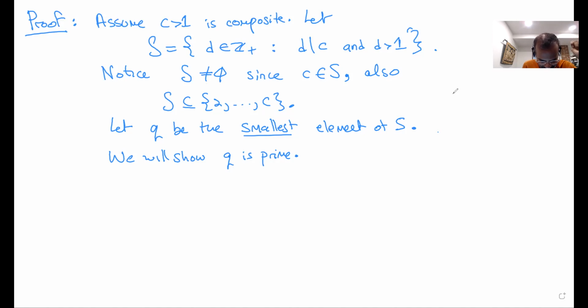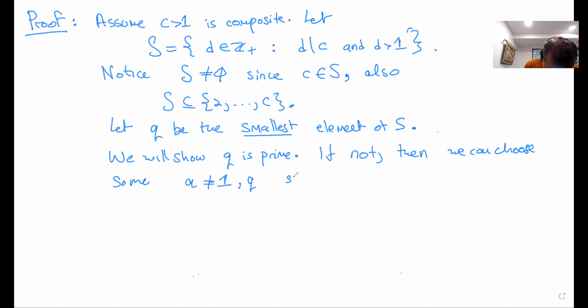This is where we're going to invoke the idea that was mentioned earlier. Let's assume for contradiction that it's not prime. If not, then we can choose some number A that's not equal to 1 and not equal to Q, such that A divides Q. That's what it means to be composite.